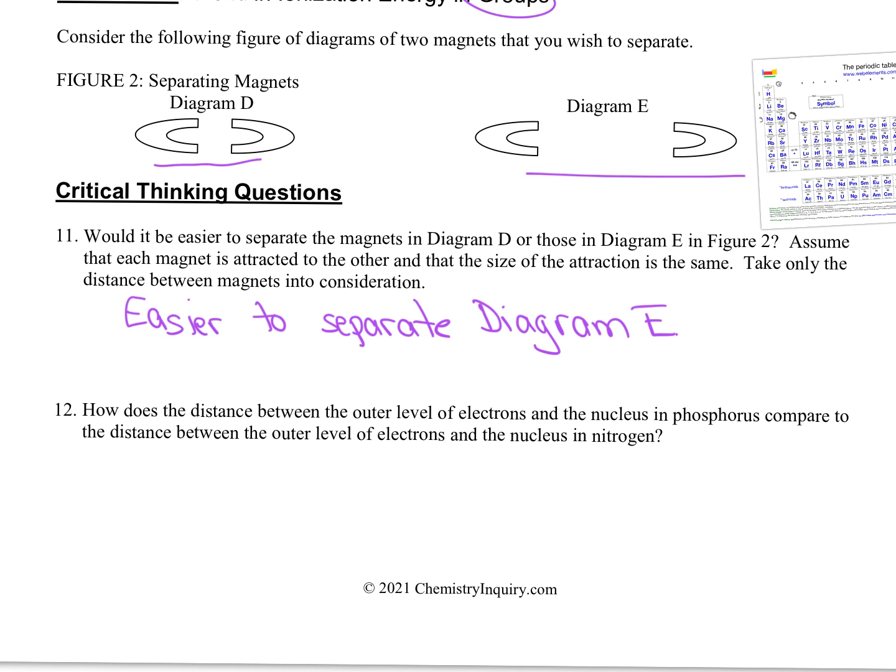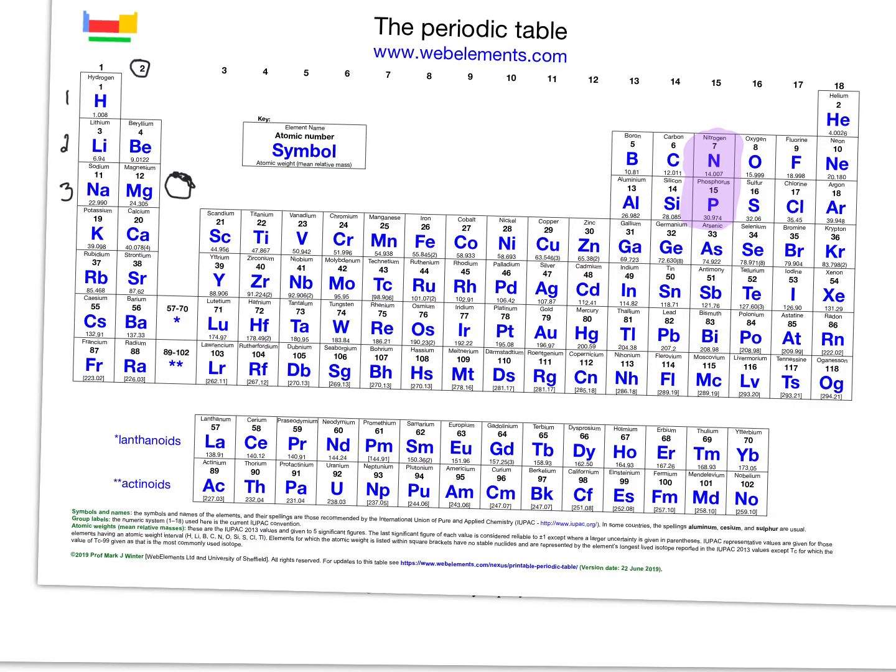So how does the distance between the outer level electrons and the nucleus in phosphorus compare to the distance between the outer level of electrons and the nucleus in nitrogen? So we want to look at the periodic table. Nitrogen is above phosphorus.